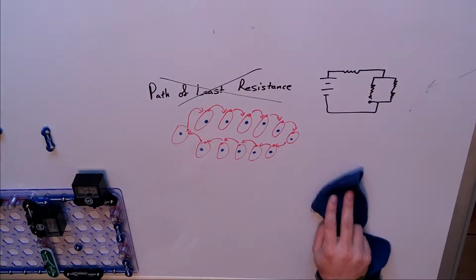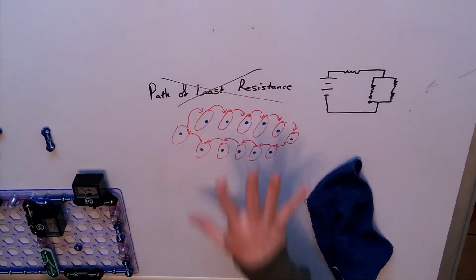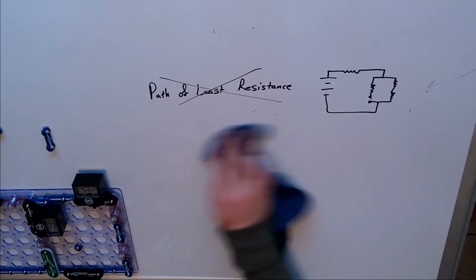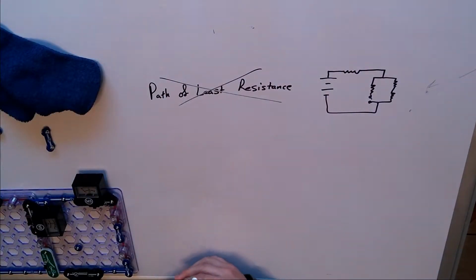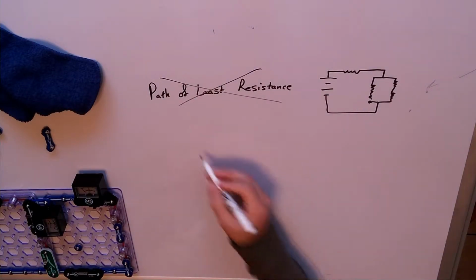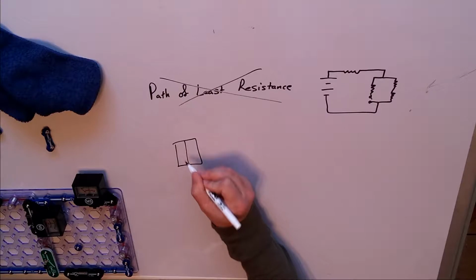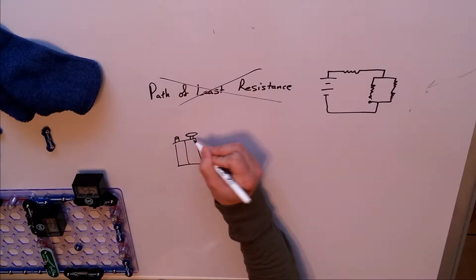Now that we've established that, here's what's happening inside a circuit, and most importantly, why we have to have a complete circuit. Let's talk about what these charges are doing. Now, this is kind of in contrast to what I just told you to imagine, but it's my preferred way to imagine a circuit. So a circuit, let's imagine that we have a battery. Okay, so I've got the small end here and then the big end over here.